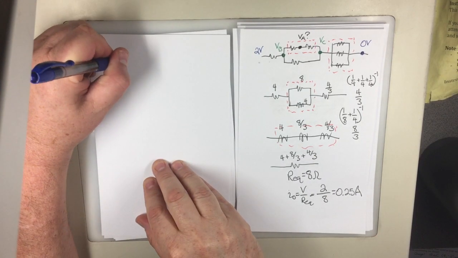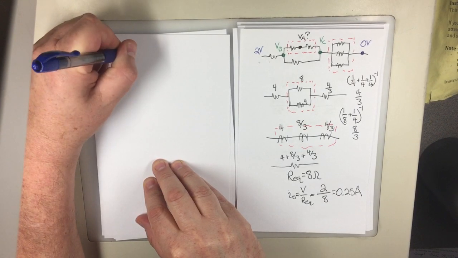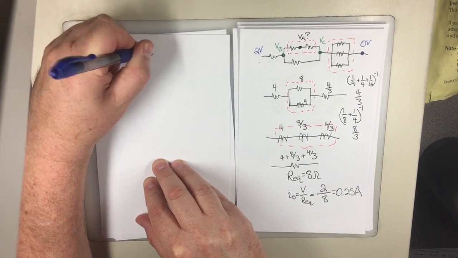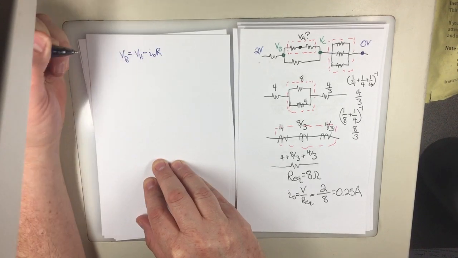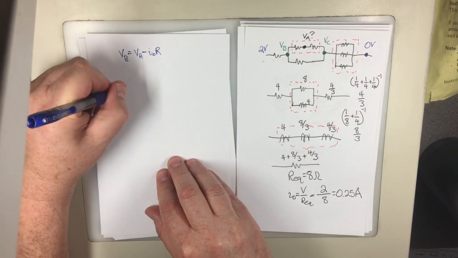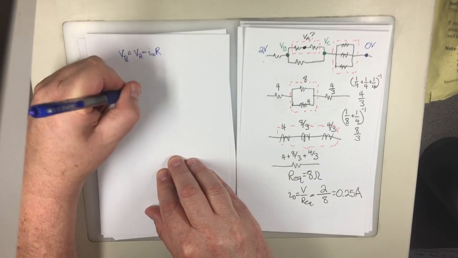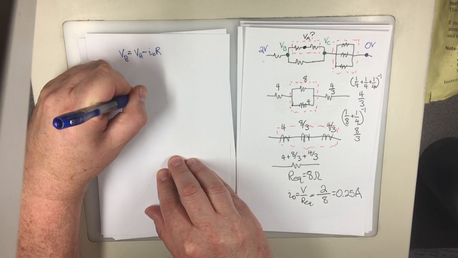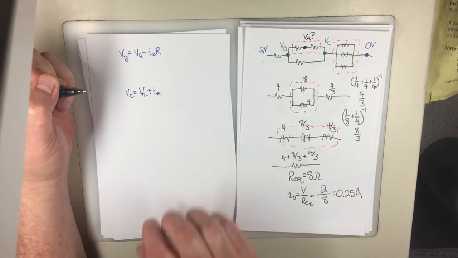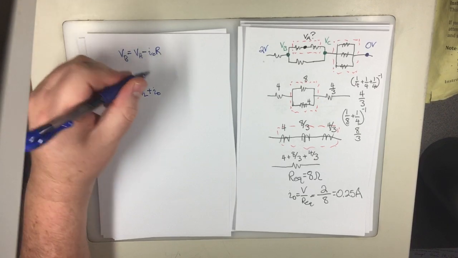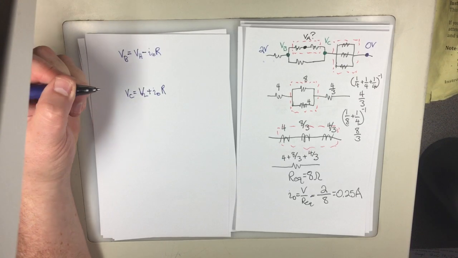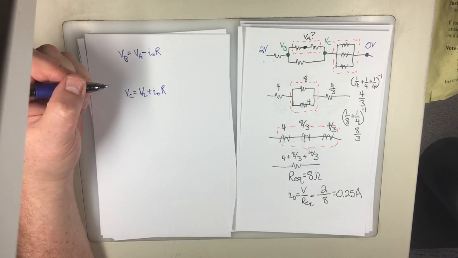To get VB, it is V high minus I naught R, the resistor that we're passing through. To get VC, it's V low plus I naught. And then what I'm gonna do is use R, what subscript am I gonna use?